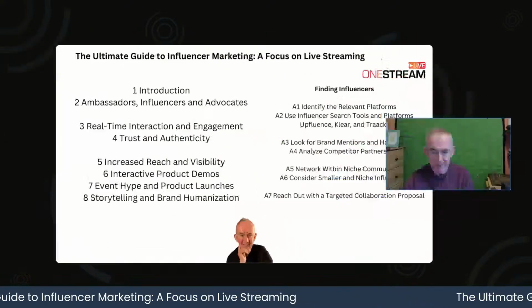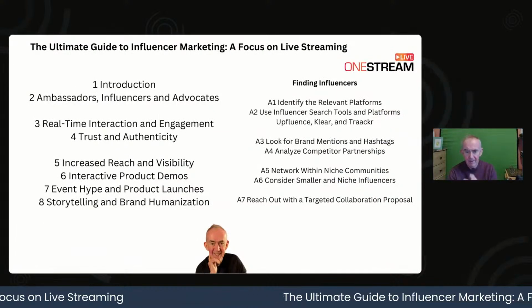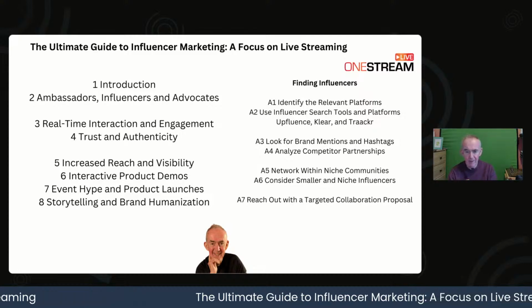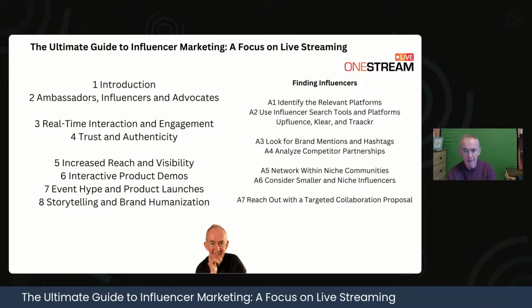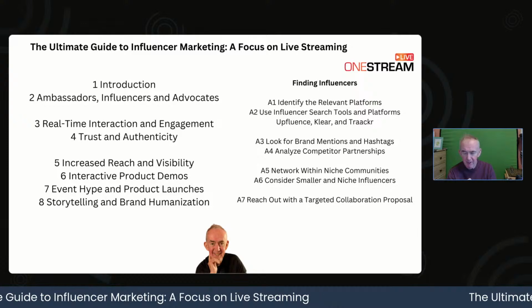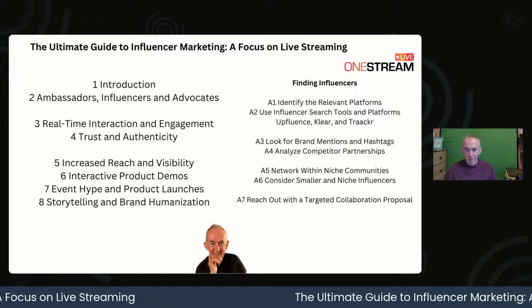Then you have, well, if I go over here, I'm going to bring my agenda, and whenever we do this broadcast, I always have an agenda. So I'm going to bring the agenda in, swap it over here, and there we have it. Now, there are two topics today. The introduction, which is what we're doing now, where we're going to talk about ambassadors, influencers, and advocates, and then the benefits of having an influencer on your team, which are many.